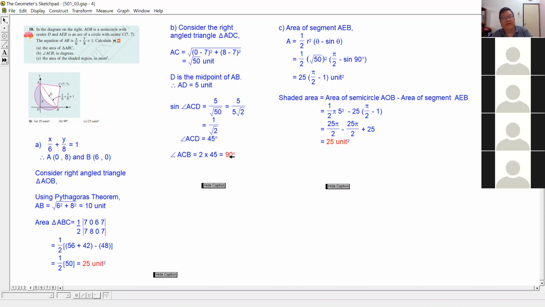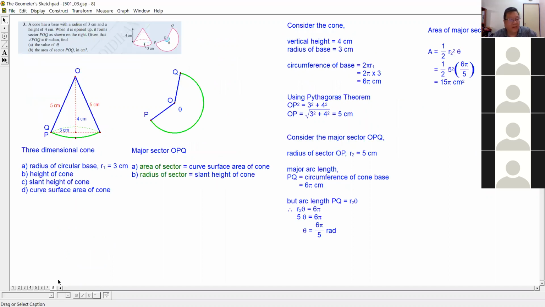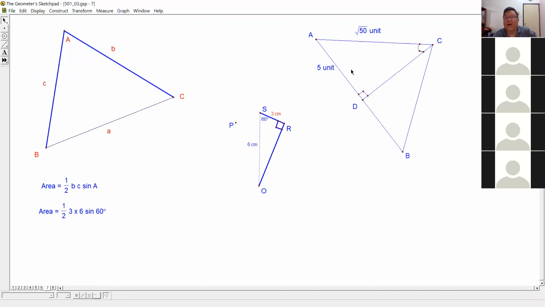So the other one is also 45. So it becomes 90. So the whole angle here becomes 90. Okay or not? At first it's 45, then the whole thing becomes 90.